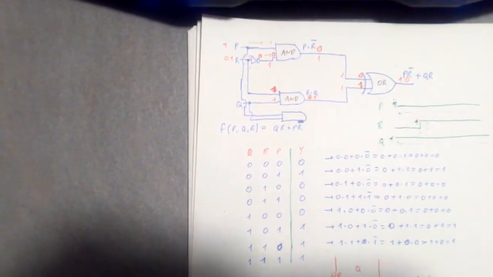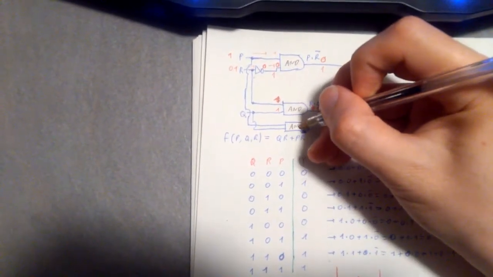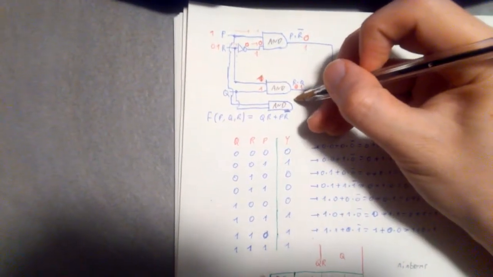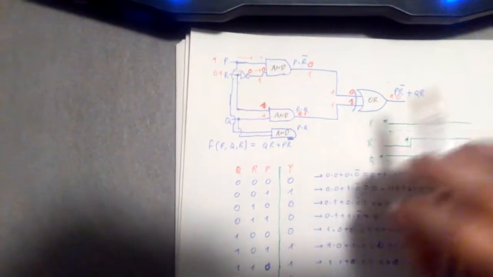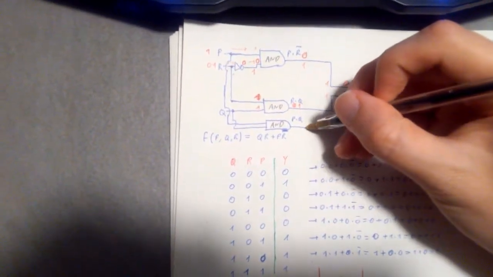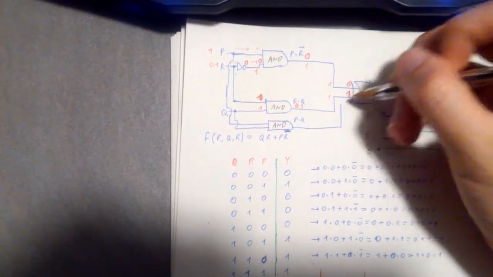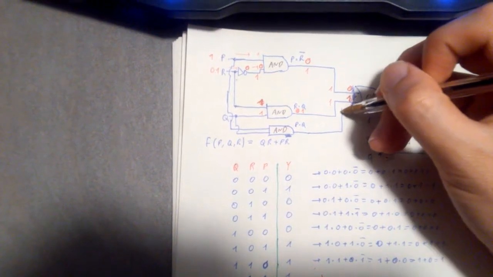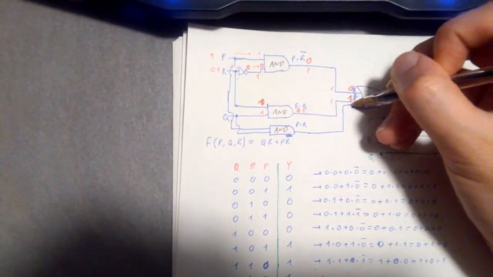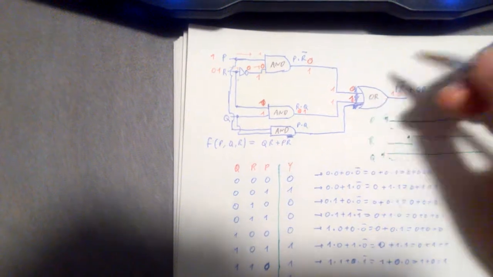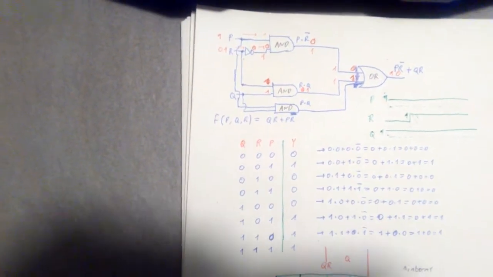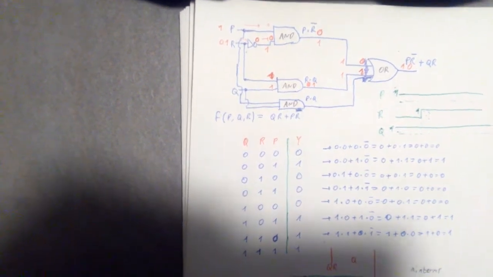So now we have this additional AND gate, which gives us P times Q, which is this term here, and goes straight to our OR gate here. Now with this, we're not going to have the static hazard.